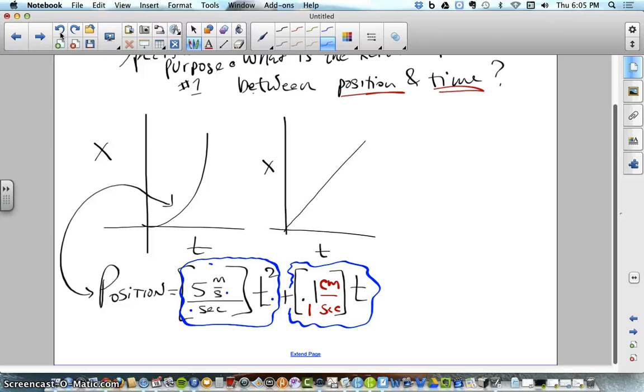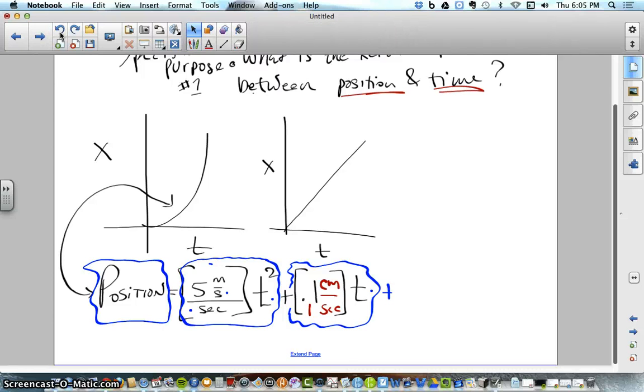So my units here cancel with my units here and here, and I'm left with meters because position is measured in meters. Now, this second b term has to be centimeters per second because centimeters per second has to cancel with my time term so that I'm left with centimeters, all right?